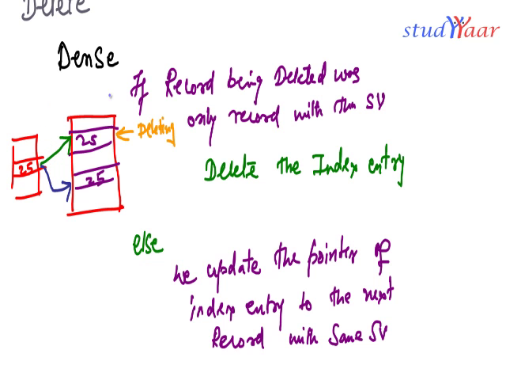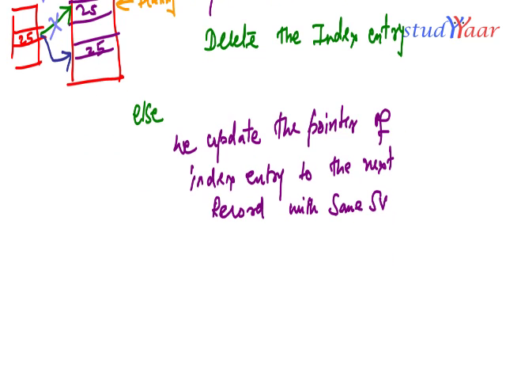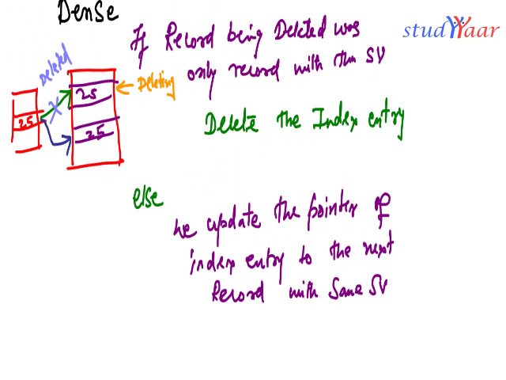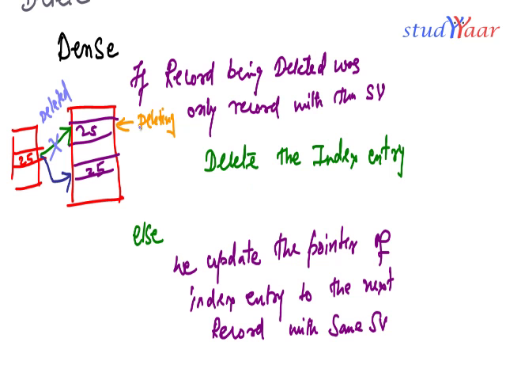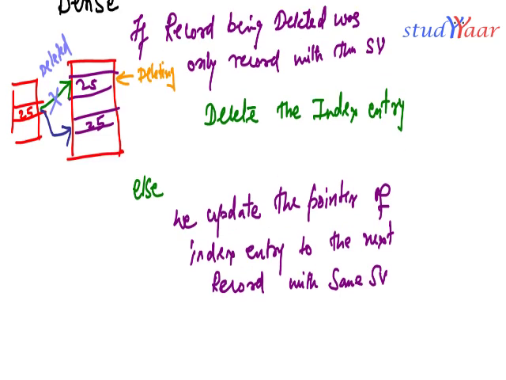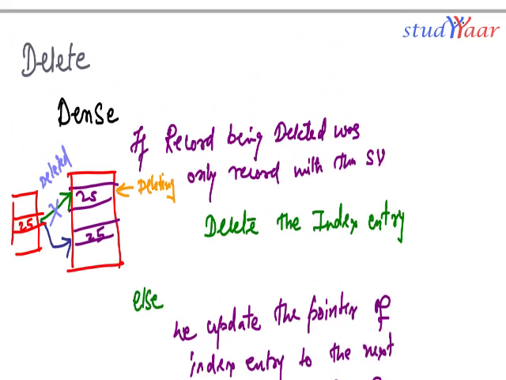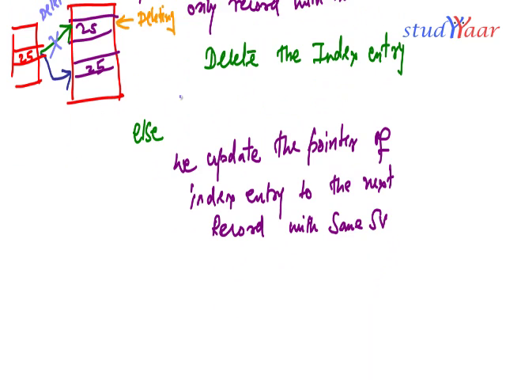We'll use some other color. This is deleted, right? We are deleting 25 so that pointer also has to be deleted and it has to be made to point to the next 25 search valued record. Okay, so that was about dense index deletion.